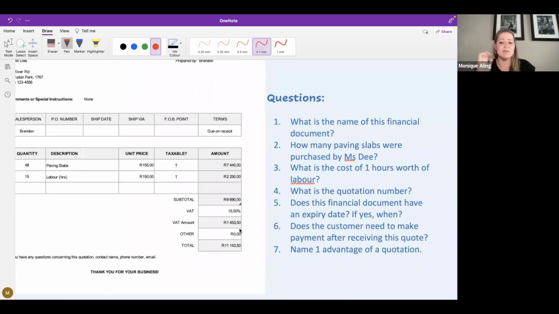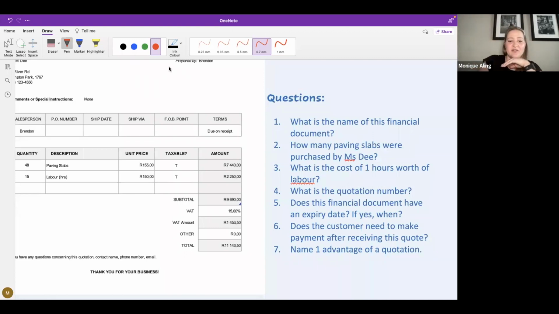Valencia, can you see it now? Okay, good. All right, so I see C. Carter wants to answer the question. Carter, what financial document do you see here? Okay, quotation, good.